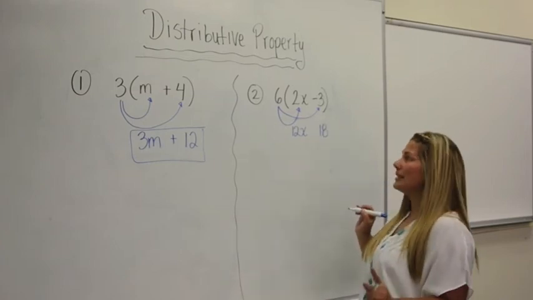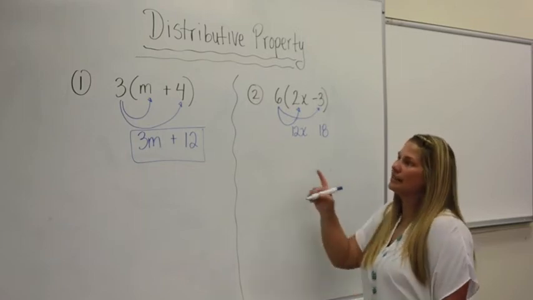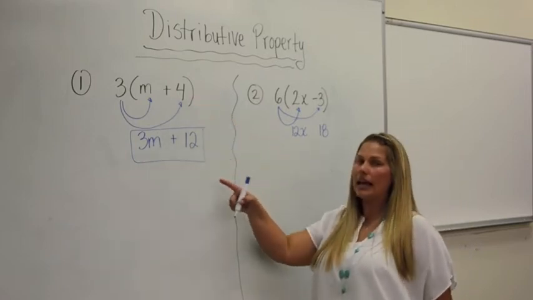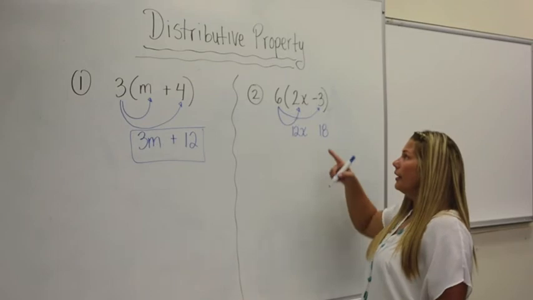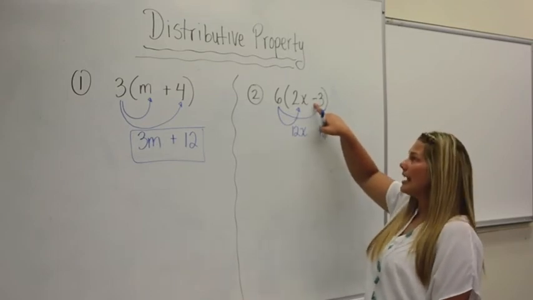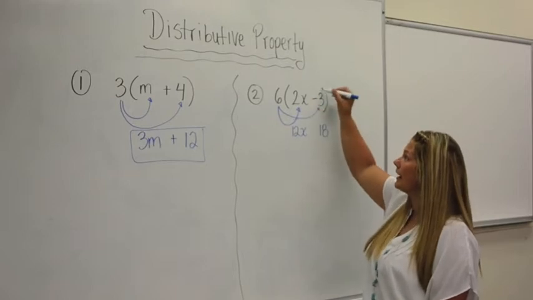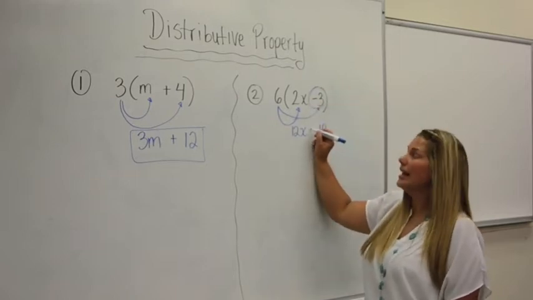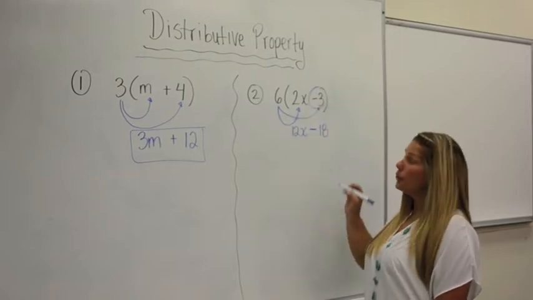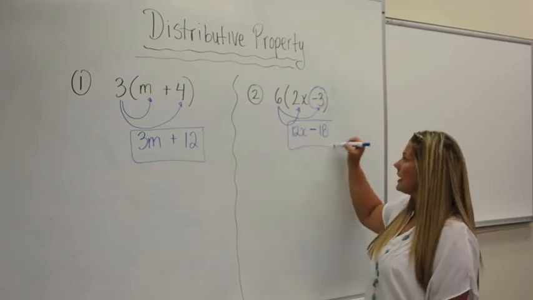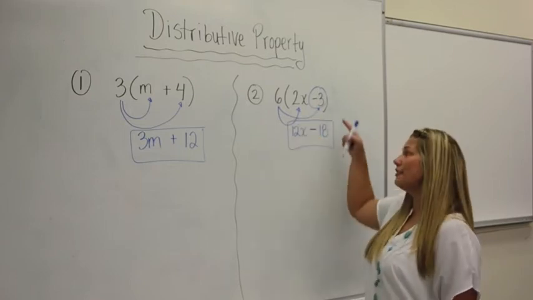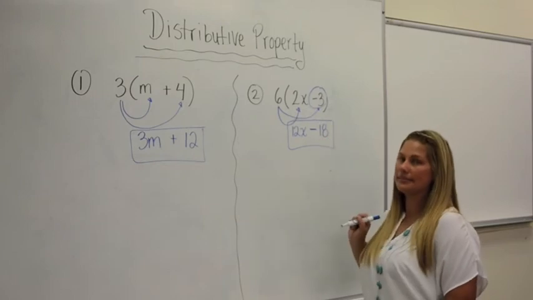On this problem, what's a little bit different is over here, since we had a plus sign, our answer had a plus. Well, in this problem, we have a negative sign, a minus sign. 6 times negative 3 actually makes negative 18, which means for our final solution, instead of having a plus, that negative makes it a minus.